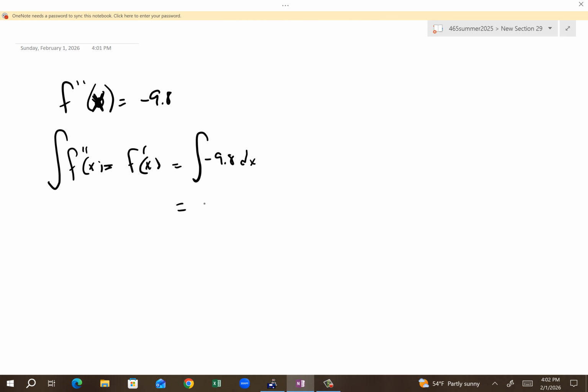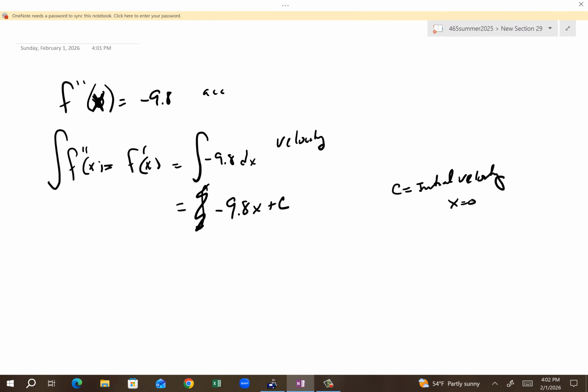If you do the math on that, what you find is negative 9.8x plus a constant. For those of you in physics, that should look vaguely familiar. And then what is that initial value? Well, this is acceleration. This is velocity. And then c is your initial velocity.